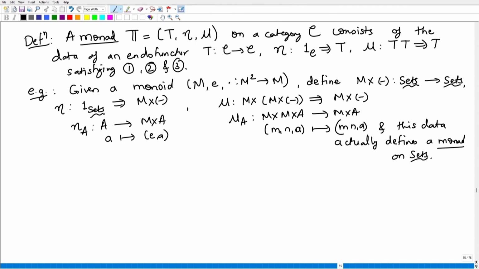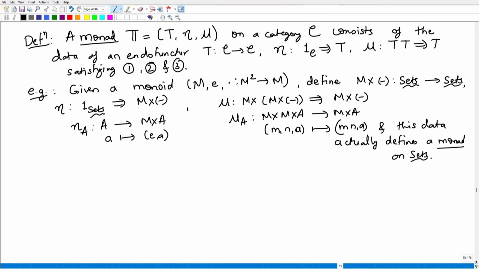Okay. So naturally, once you remember this data coming from an adjunction, the question is, how do you recover the adjunction from the monad? How do you recover the adjunction will come later perhaps.